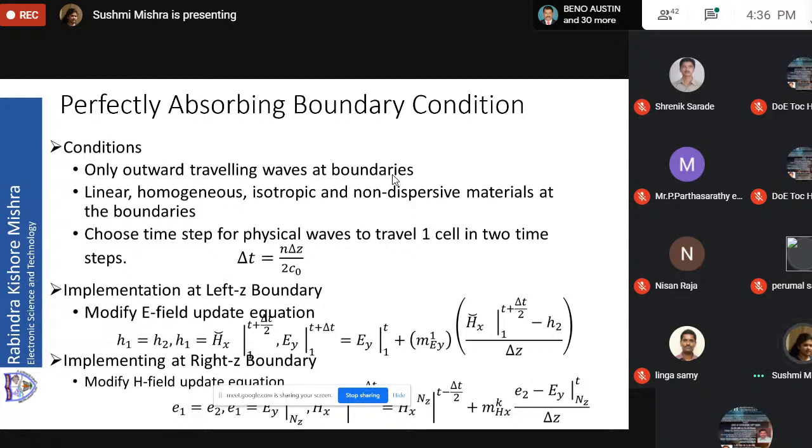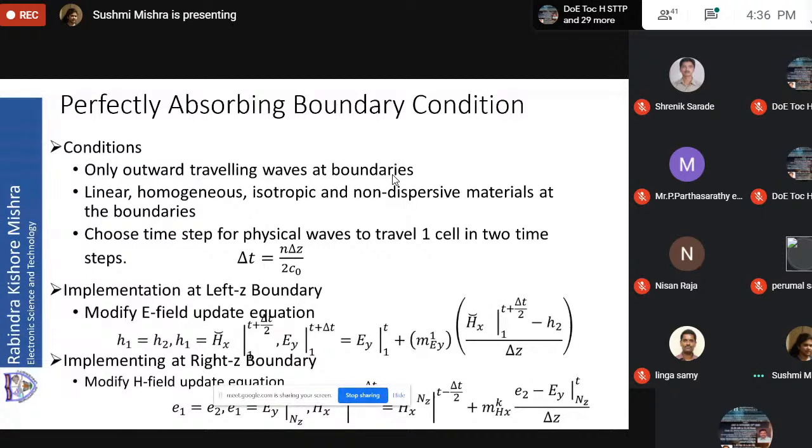So to do that, I define a small quantity, little h1, which is equal to Hx at t plus delta t by 2 and k. Similarly, you can update Ey using this value of Hx. We can update Ey at the boundary 1.